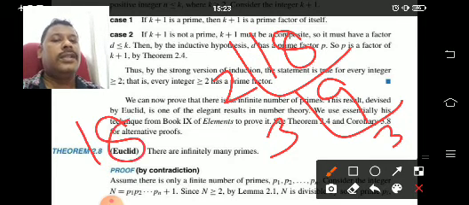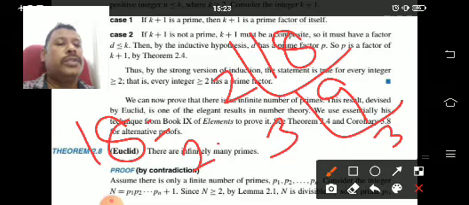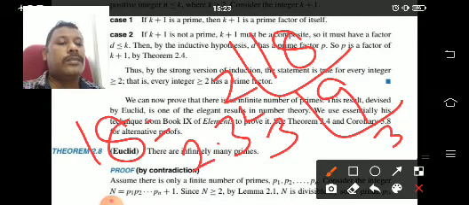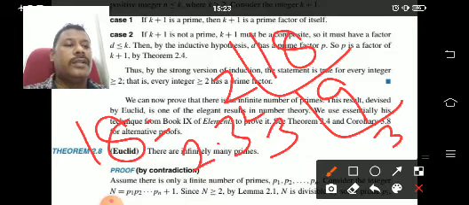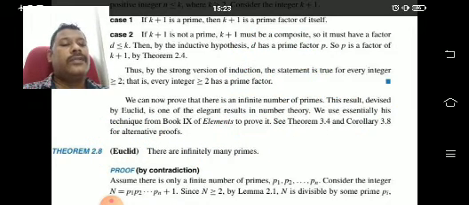Therefore 18 equals 2 times 3 squared. Here p1 equals 2, p2 equals 3, p3 is also equal to 3. This is the form.